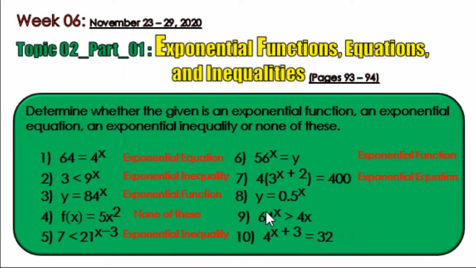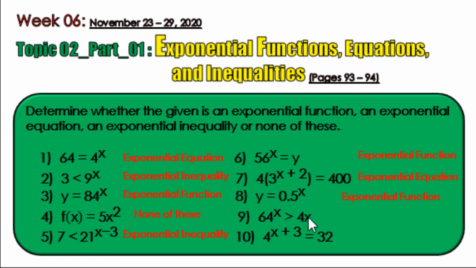Number 8, an equal sign. We have an exponential expression and we have two variables x and y. So therefore, this is an exponential function. Number 9, we have an inequality sign. We have an exponential expression, but this one is a polynomial.